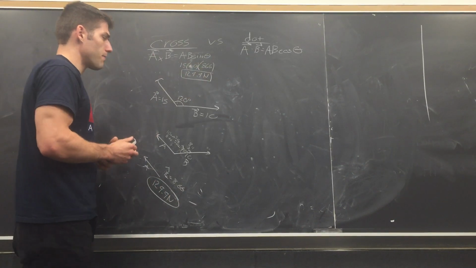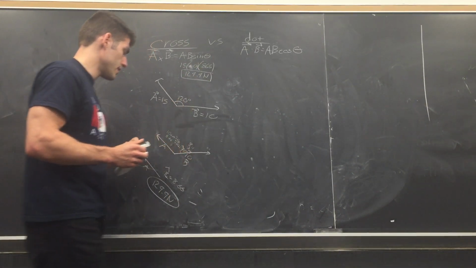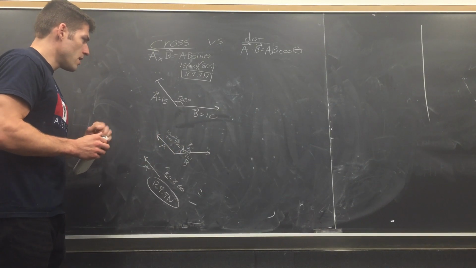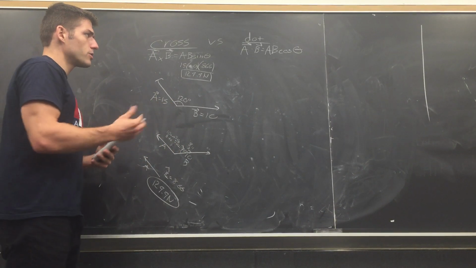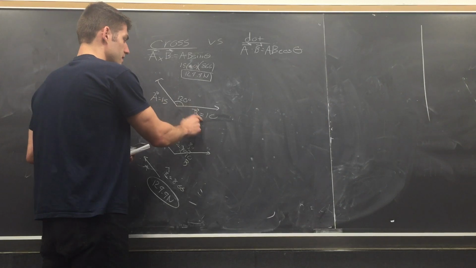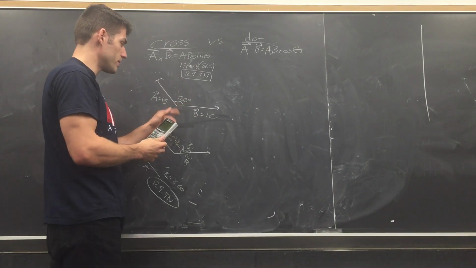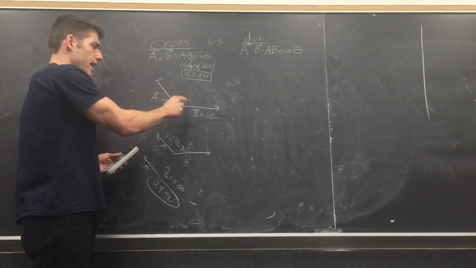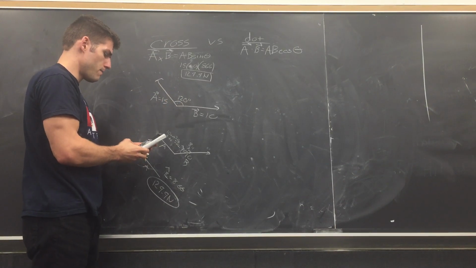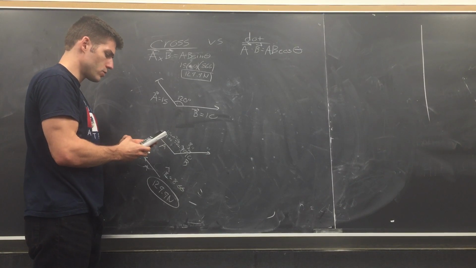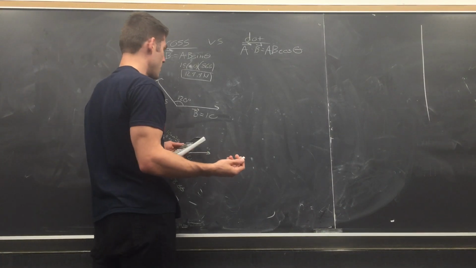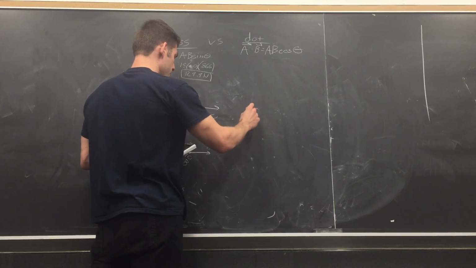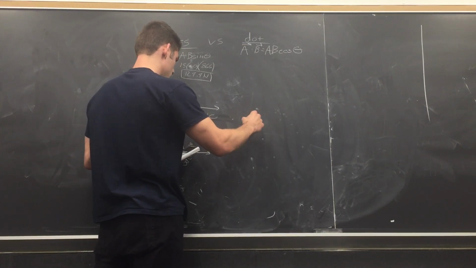So let's say we're doing the dot product now for the exact same thing. For the dot product, we plug in 15 times 10 times cosine of the angle between them. It's important that they're tail to tail. This wouldn't work if it was head to tail. But 15 times 10 times cosine of 120 gives me negative 75, which is okay to have.